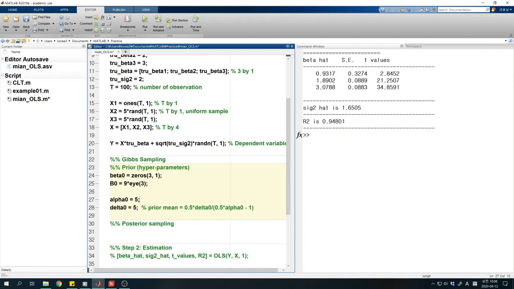In that sense, 5 looks quite small. Let's say 8 and 10.